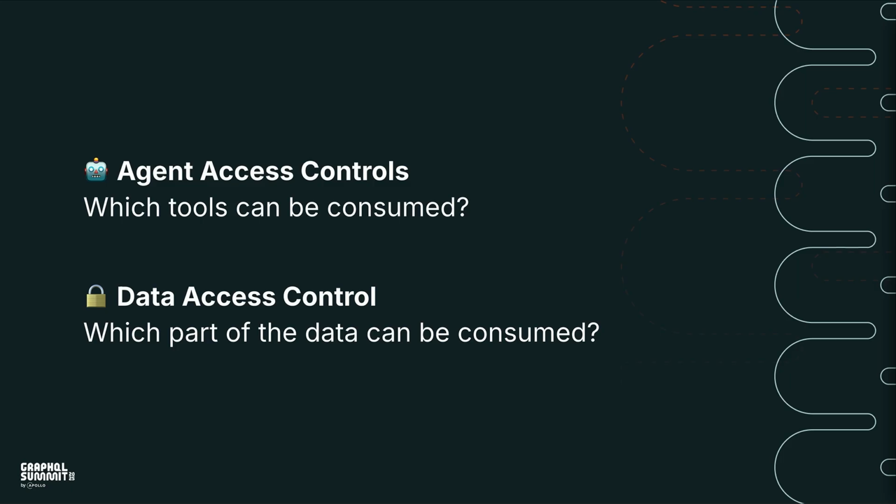The other one is data access controls, a more granular level of operation or field level in the GraphQL schema, and how to obtain the access controls in a complex way to handle agentic request flows in subgraph domains.